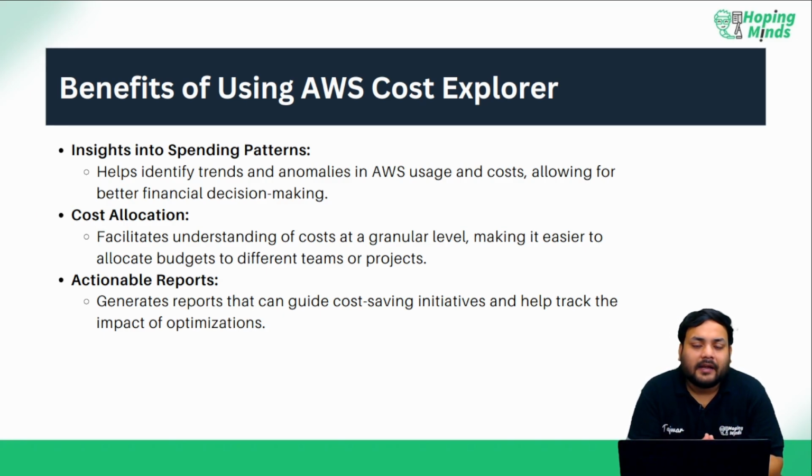It is kind of like AWS documentation. Let's suppose you are learning S3; for that particular service you have the AWS documentation, with a very detailed and actionable learning pattern where you can learn everything. So this comes under the actionable report.